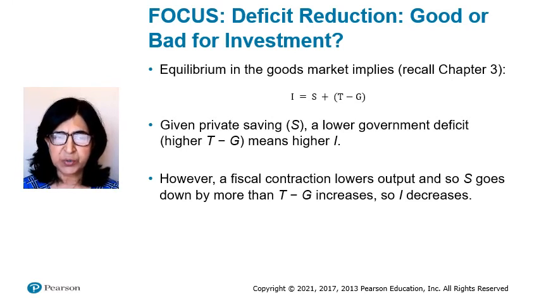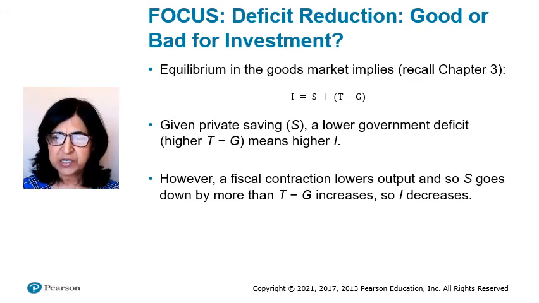So it is true that given private saving S, if the government reduces its deficit either by increasing taxes or reducing government spending so that T minus G goes up, investment must go up. However, a fiscal contraction lowers output and so private saving S goes down.